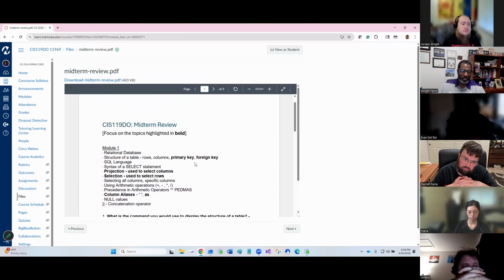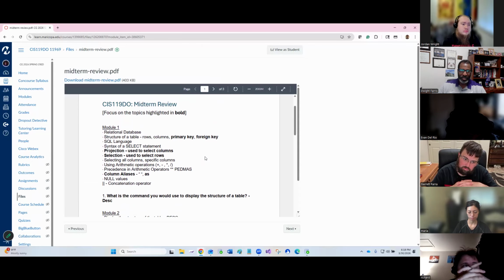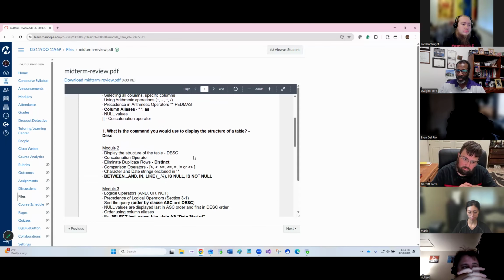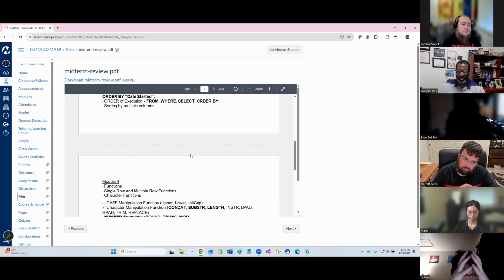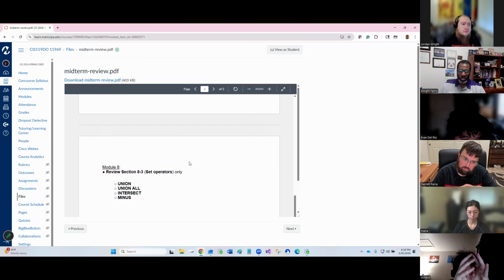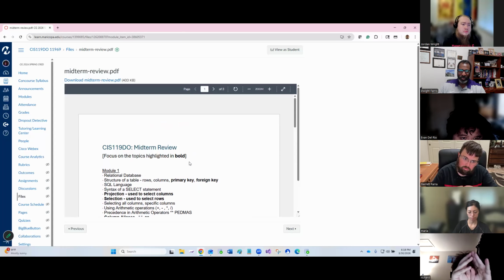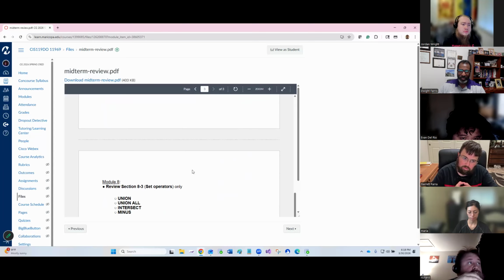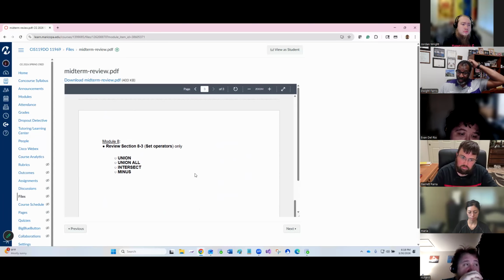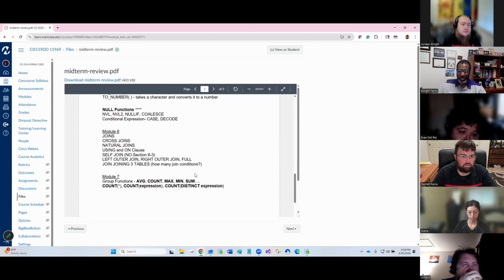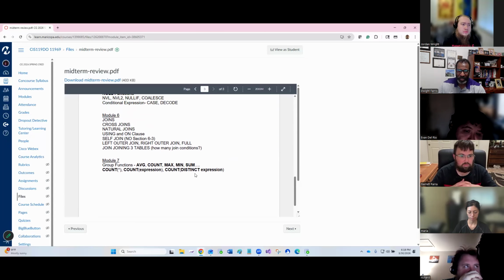As you know, you can't open this. You can't even open Canvas when you're in the Respondus Lockdown browser. That's an immediate breach. The test will close and you'll get a 0. So the test goes from Module 1 through Module 8, the one that we just finished, set operators and group functions.